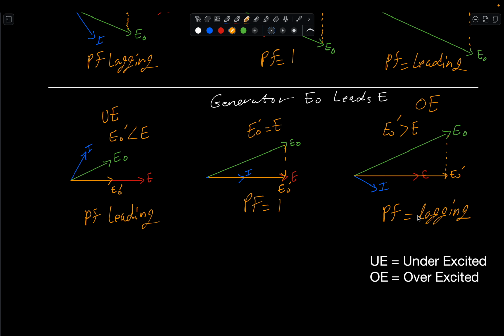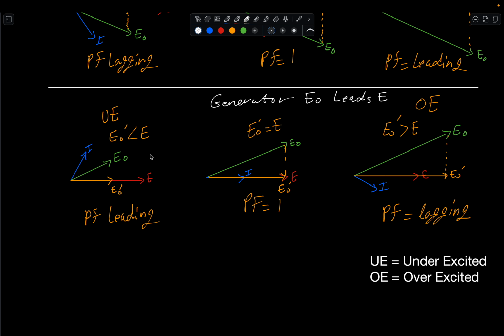The takeaway here is I need you to know that when it's an overexcited system, then it's supplying. I guess I could just write this down here.